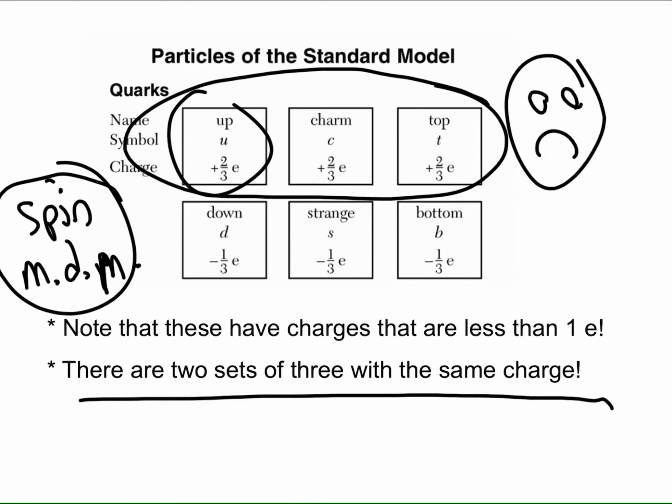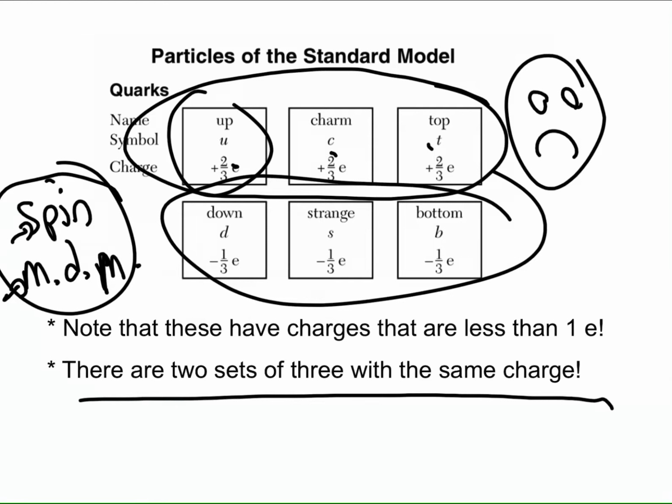So we had to have some other ways of discerning between the different ones. We were able to look at their spin and magnetic dipole moment to differentiate between the three. Same thing with down, strange, and bottom, where each of them has a charge of -1/3. However, they all have different spins and or magnetic dipole moments.